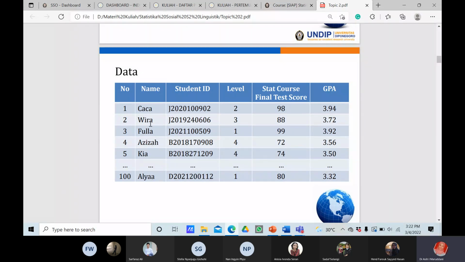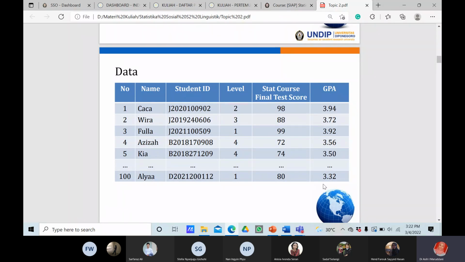And then we record the second student, Vira, the third, Fula, and so on, until we record the 100th student, Alia, with her student ID, level, final test score, and her GPA.